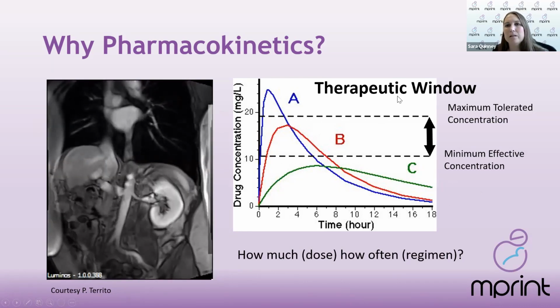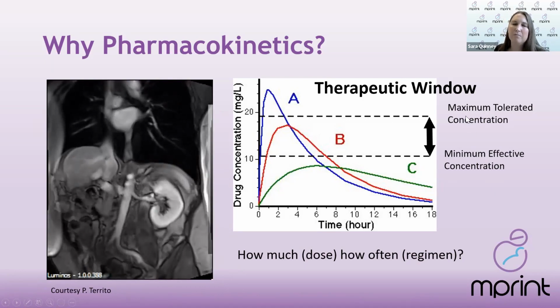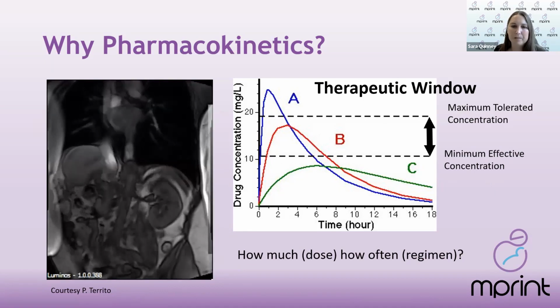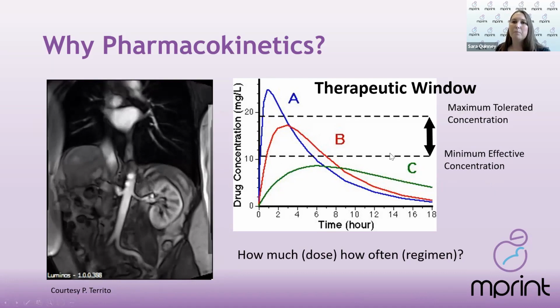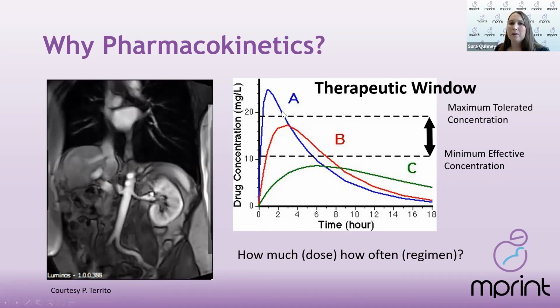So it's important to use pharmacokinetics to enable personalized or precision medicine, and to determine the accurate dose needed to treat a condition, to get above a minimum effective concentration, but to stay within the therapeutic window and prevent toxicity.